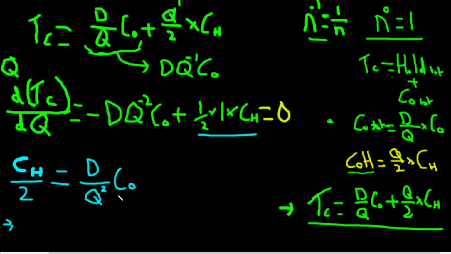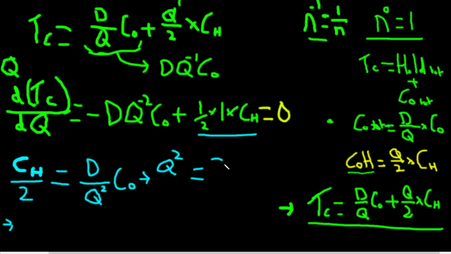Okay, so we're nearly there, and then all we do then is we times up by Q squared. So if we times both sides by Q squared, it goes over here. We times by 2, the 2 ends up coming here, and then we divide by this cost of holding. Okay, and then the cost of holding goes down here. So if we do all that, we've times up by the Q squared, and then we times both sides by 2, so a half times 2 is just 1, so that gets rid of it on this side.